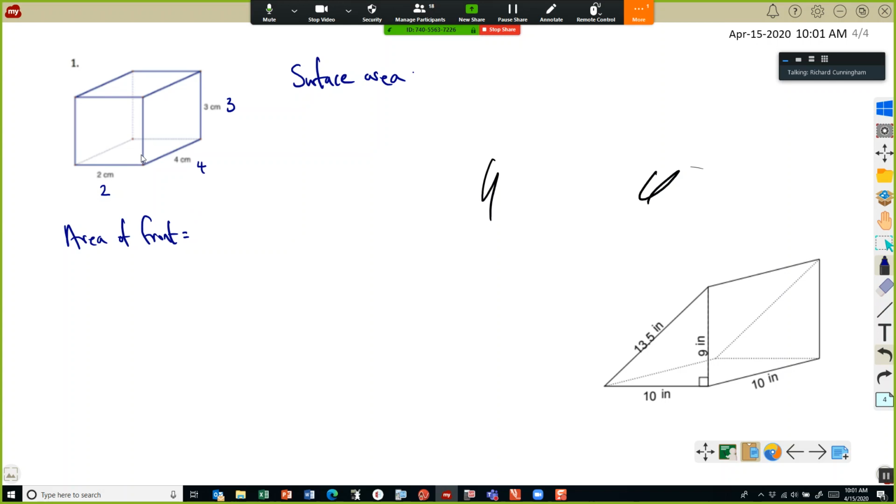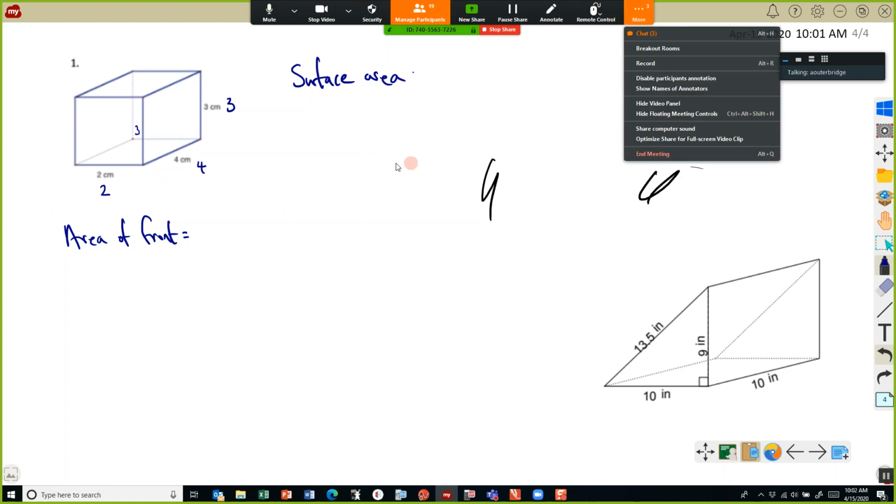What type of shape have I got at the front? And now careful, it's not a square, because this side is 2. What is the length of this side? Yep, it's 3.